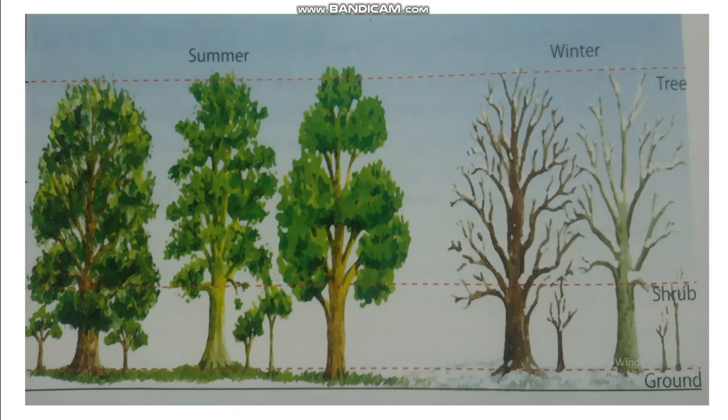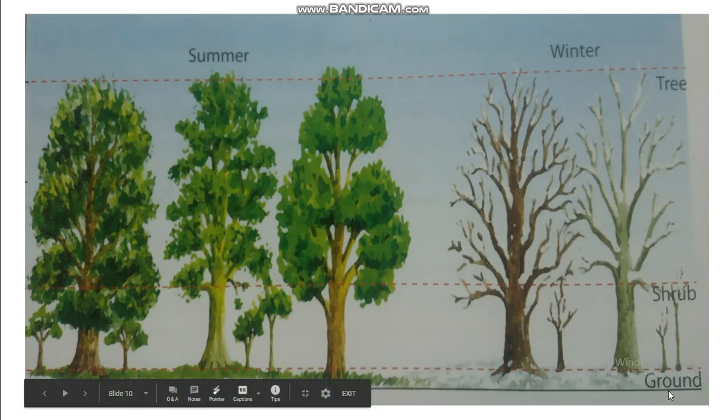The deciduous forests are not as dense as the tropical forest, but they have a three-layered structure consisting of the tree layer, the shrub layer, and the ground layer.